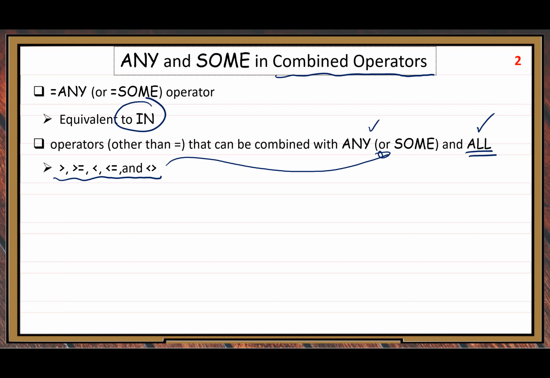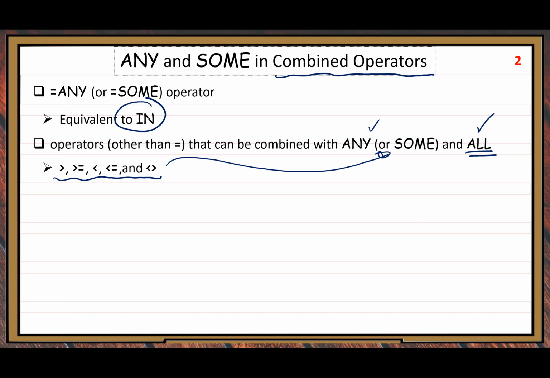Only when any is combined with equal is it the same thing as in. For other combination types, it is different. So we still may need to combine operators with this any operator. Also all: all elements in a given set.